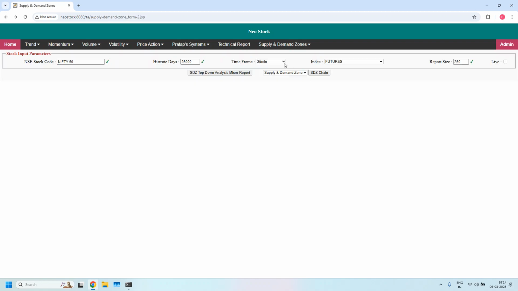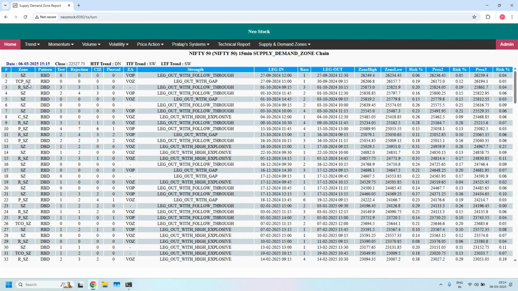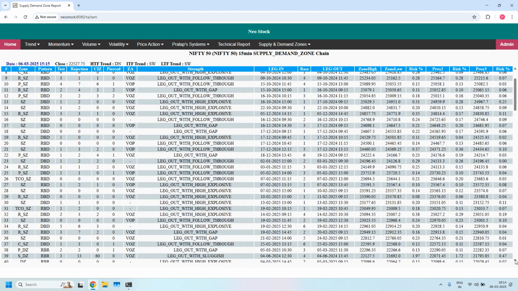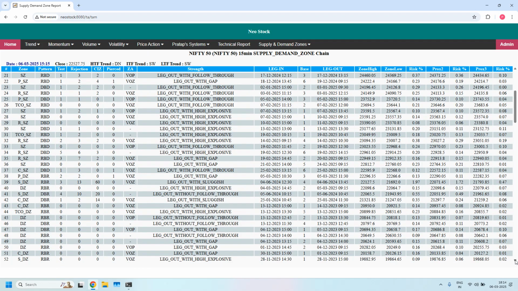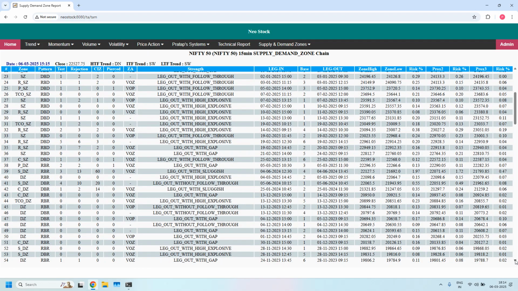Next, 15 minutes supply demand zone chain for Nifty. All these are all supply zones. Let me scroll the list down until we find demand zones, and let us keep them in the center. This is the nearest demand zone, sorry, even before that, a pierced demand zone. This is the nearest demand zone to the current closing price.